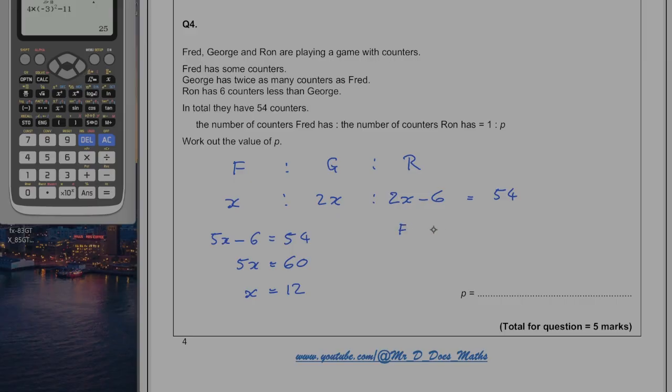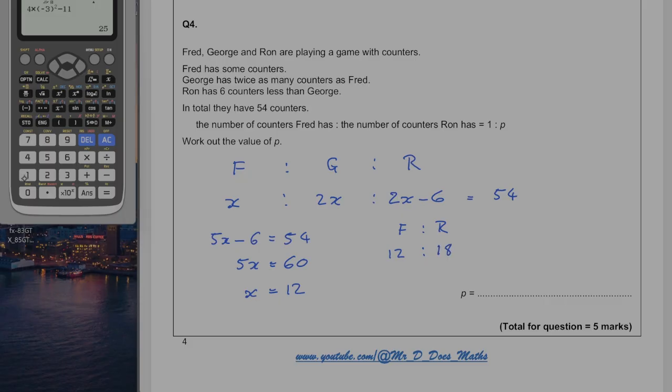So Fred to Ron is going to be 12 to 24, take away 6. So that's 18. Double check, just because on a calculator paper it's always best to check. 12 times by 2 minus 6 is 18.